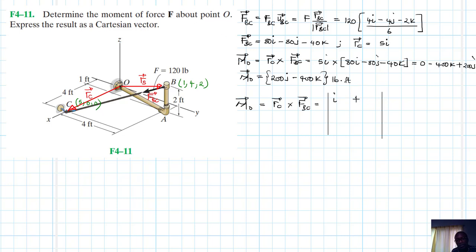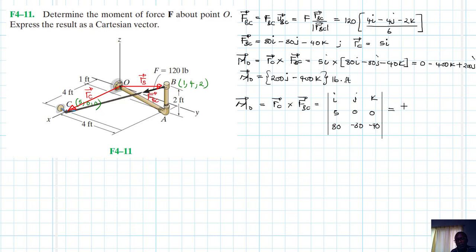Then the next row is the lever arm, or the position vector, which is 5, 0, 0. Then the next row is the force: 80, minus 80, and minus 40. Then we can start working this out.